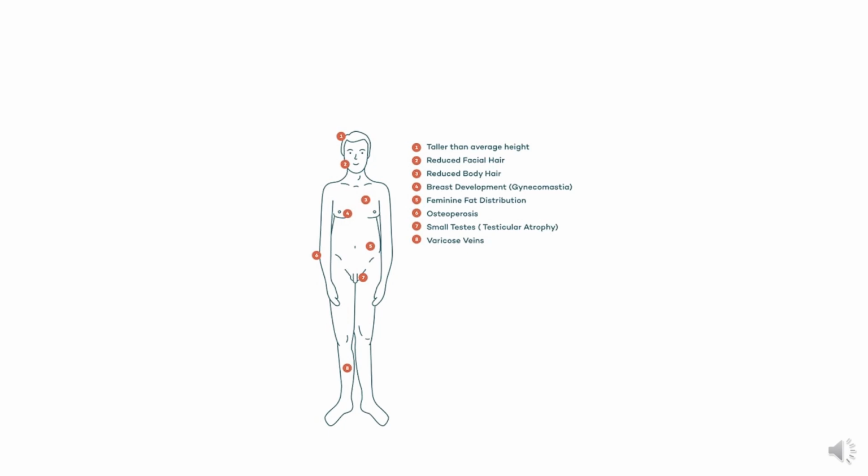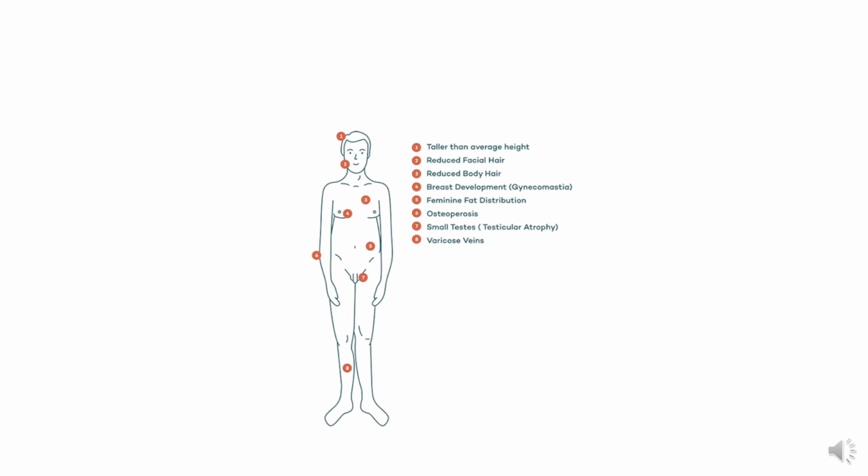These are a few features. They are very tall people, taller than average height, with reduced facial hair. The testes are atrophied, so secondary sex characters are reduced, like face, moustaches, beard, and the pubic hairs, reduced body hair, breast development, gynecomastia, feminine fat distribution, female-like distribution, like on buttocks and the shoulders and the abdomen, osteoporosis, bones are weak, small testes, testicular atrophy.